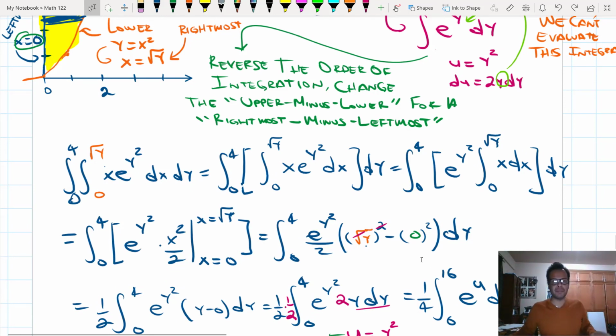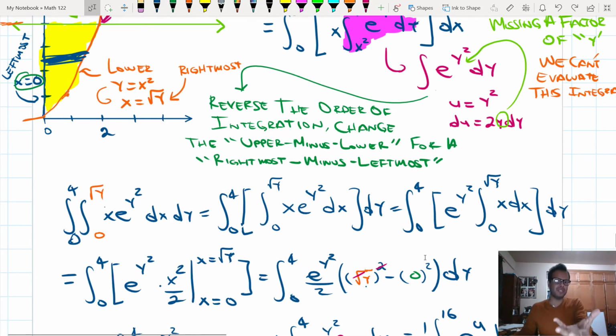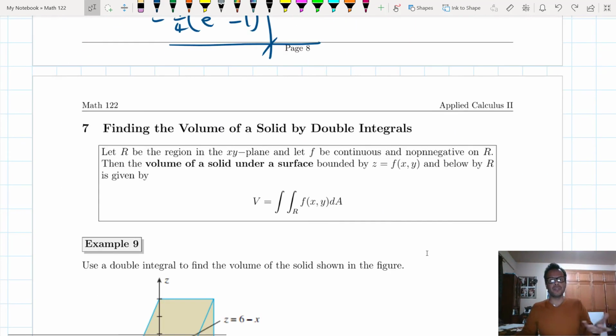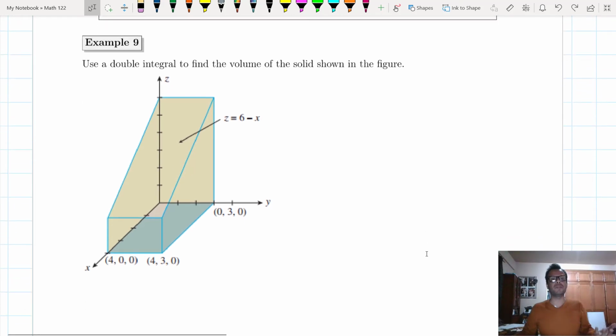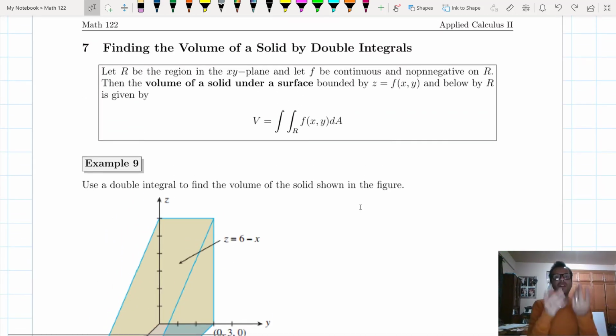The reason why I'm skipping is because what we're really doing when evaluating the double integral is finding the volume of a solid. I don't want to just keep doing everything of the same. On top of that, I think the number of exercises that I'm planning for homework are going to be good enough, and some of them, as you can tell, take a page or a page and a half to solve. So I think this is good enough about multiple integrals.